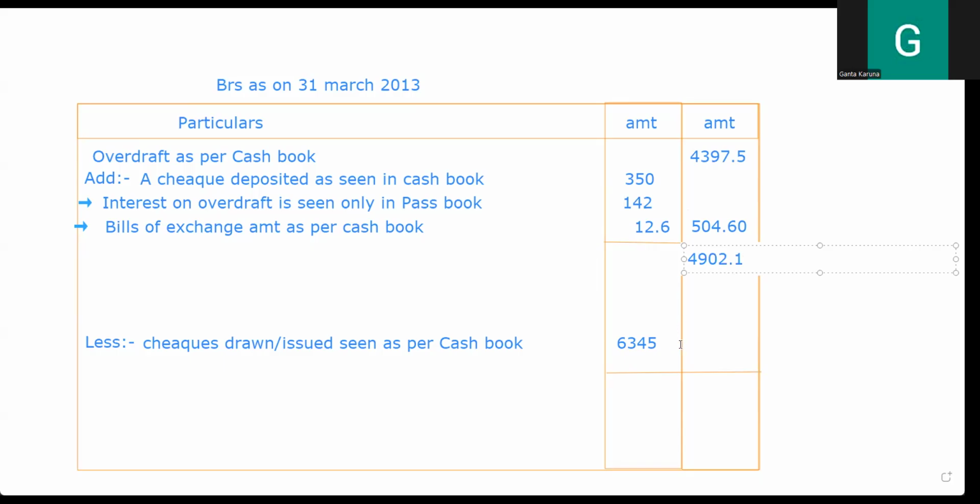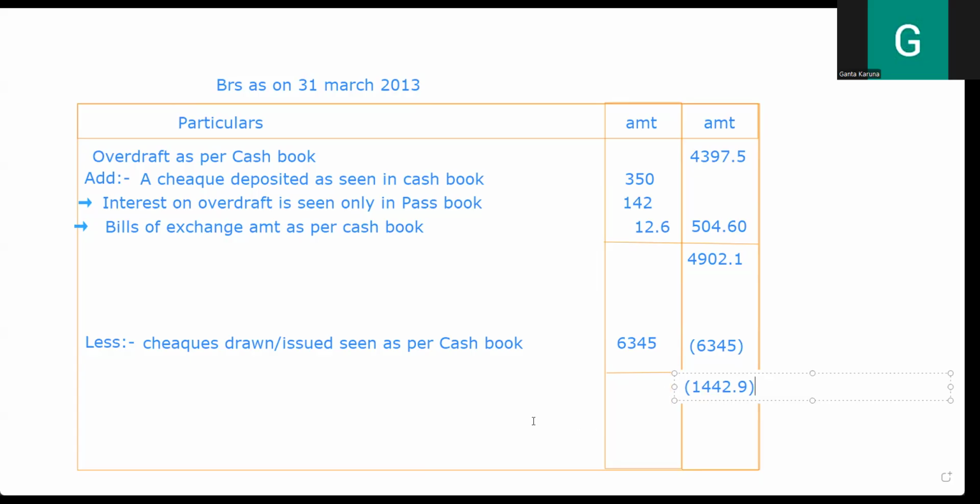But whereas here the less amount is 6345, which is actually a minus figure. So when I minused here, this is the first time we are seeing a minus value is more, and we got a solution also in a minus, that is 1442.9, which is a minus figure. So that means here I got a negative balance.